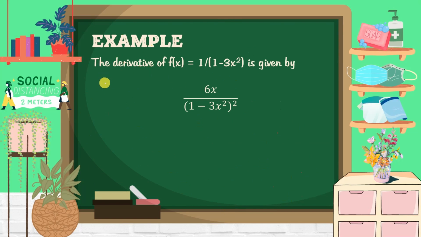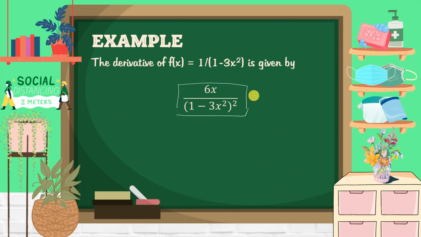So recalling yung ating differential calculus, following the quotient rule, this would be v du minus u dv over v squared. 1 minus 3x squared, derivative of 1 is 0, minus 1 times the derivative of this, which is negative 6x, and divided by v squared, so 1 minus 3x squared, squared. Simplifying, we will be able to have 6x over 1 minus 3x squared, squared.